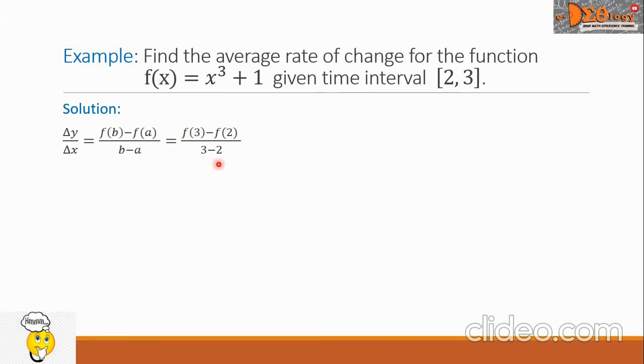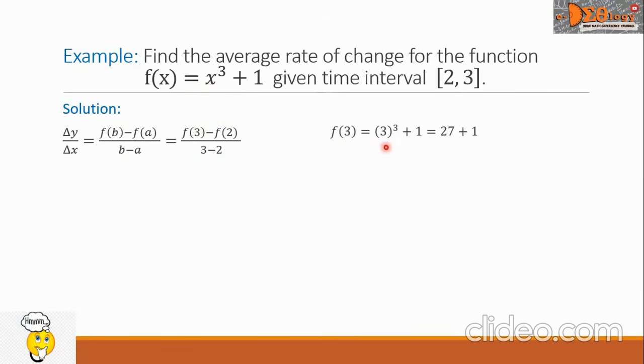Let us now evaluate f(3) and f(2) respectively. Let's begin with f(3), and this is equal to 3³ + 1.